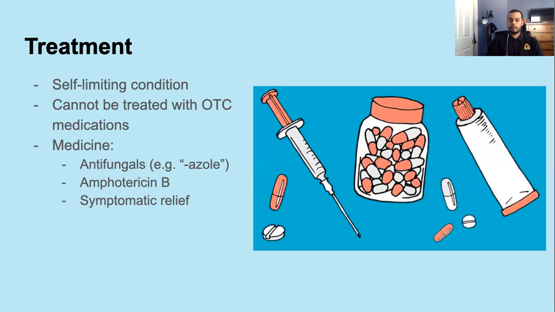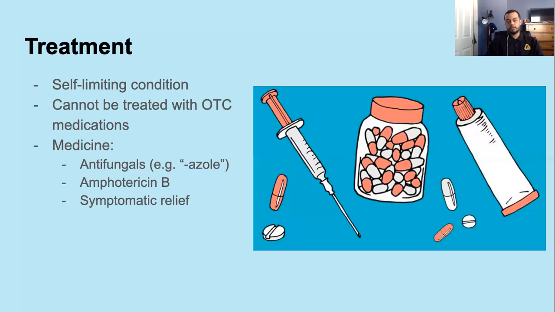If you are prescribed amphotericin B, this medication also has side effects of nausea, vomiting, and diarrhea. And instead of monitoring for liver damage, amphotericin B could cause kidney damage. So monitoring for that would be important as well for healthcare professionals, such as your BUN levels and your creatinine and your potassium levels.